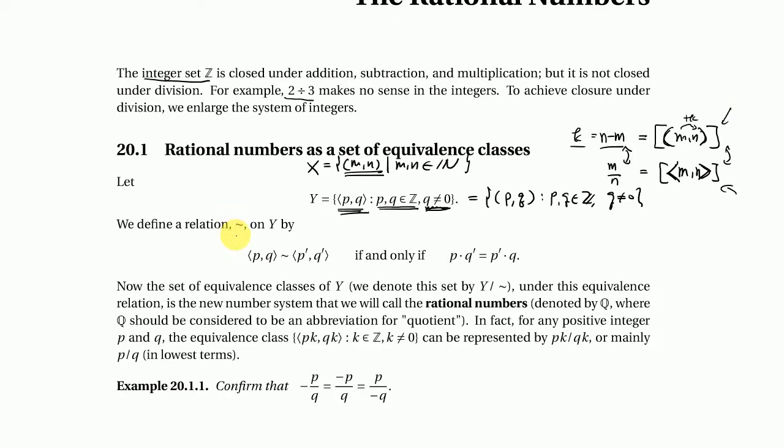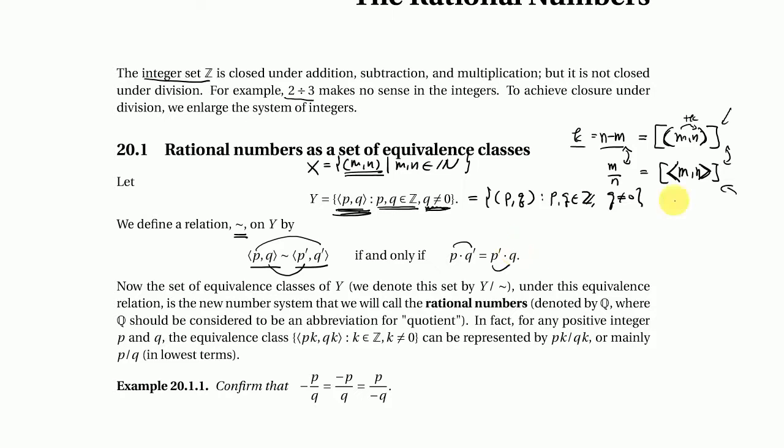Now we want to define a relation here. So we will just use the same relation notation, but it's totally different. Whenever we want to say two elements in this set, which are the ordered pairs, are related to each other, if and only if, when you look at the outside ones and multiply them, it must be equal to the product of the inner parts of these two ordered pairs. Okay?